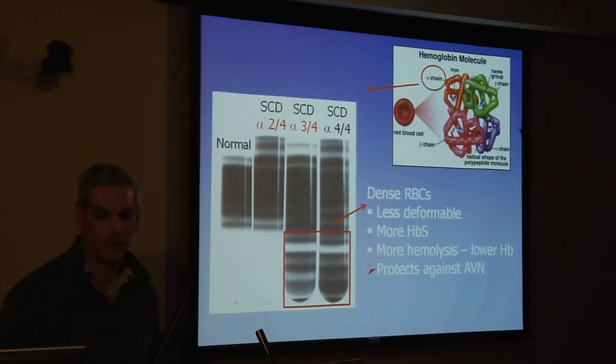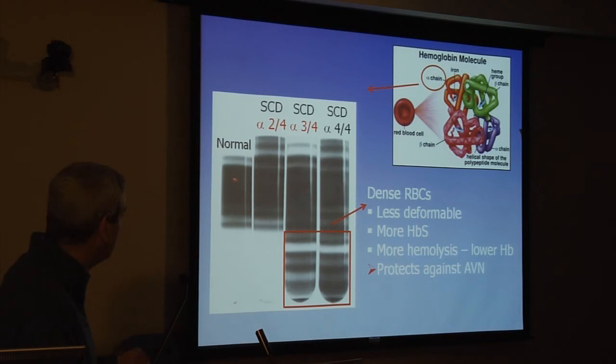And if that's your case, your blood, if you put it in a test tube, will look like this, compared to someone with normal hemoglobin like myself who would have very similar blood. You compare that to someone with sickle cell who makes normal amounts of this alpha chain, their blood is much thicker and it drops to the bottom of the test tube.